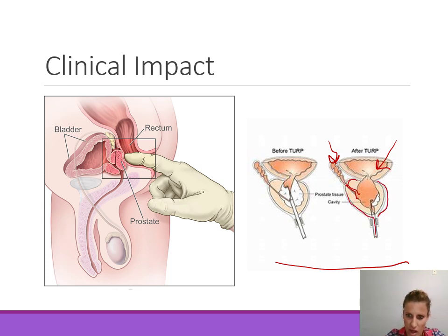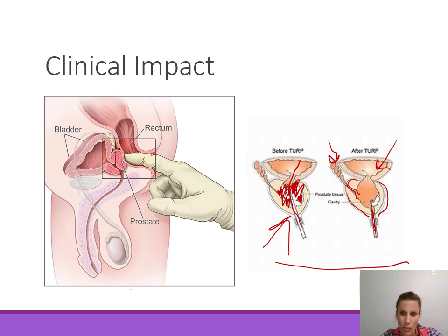The urethra, over here, you see the urethra going up towards the bladder. And this is prostatic tissue that's all overgrown, and it has completely compressed this urethra, so it's really difficult for the urine to flow through that urethra.